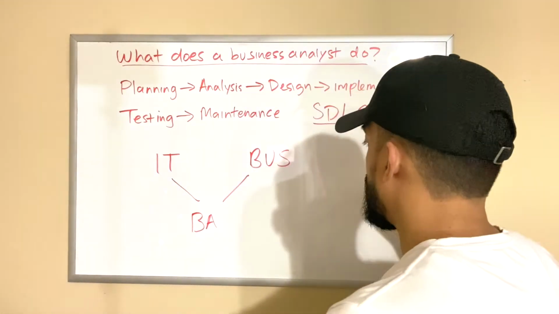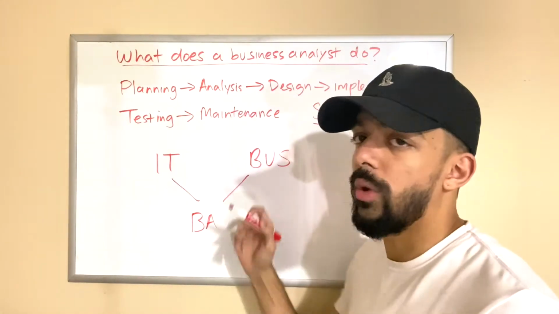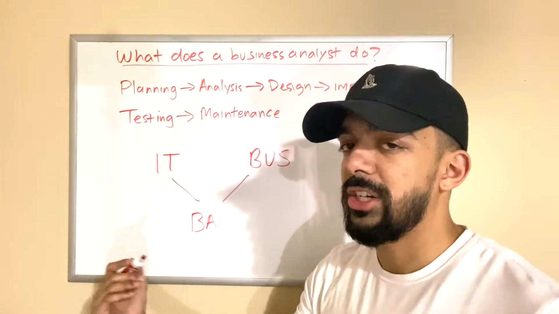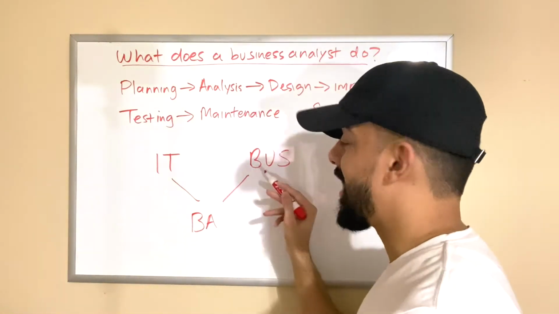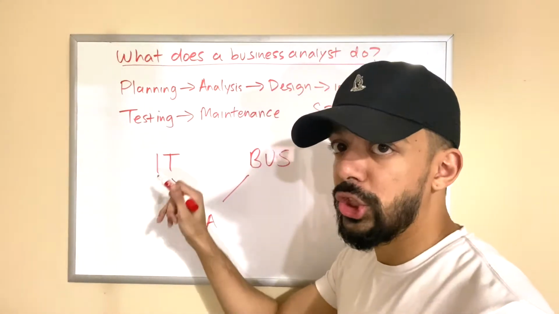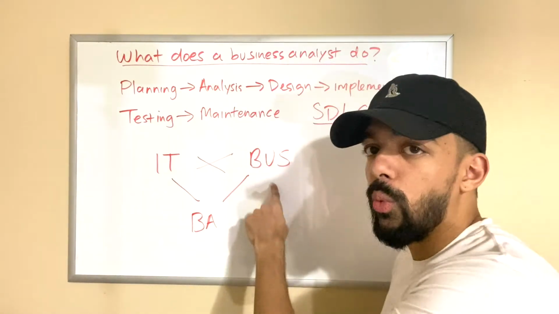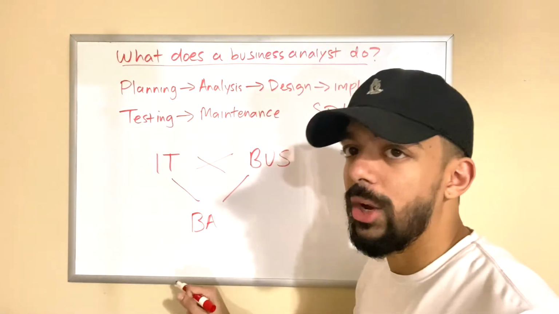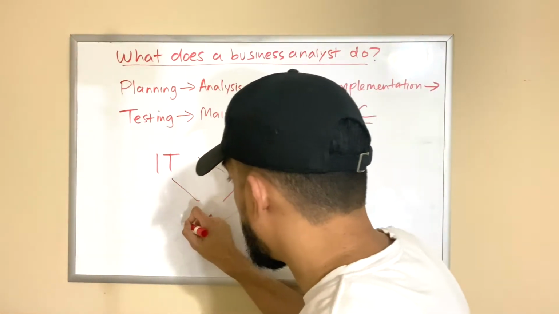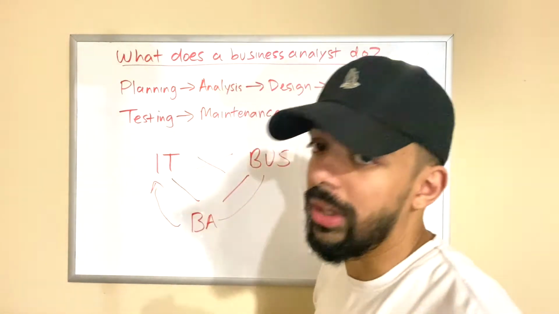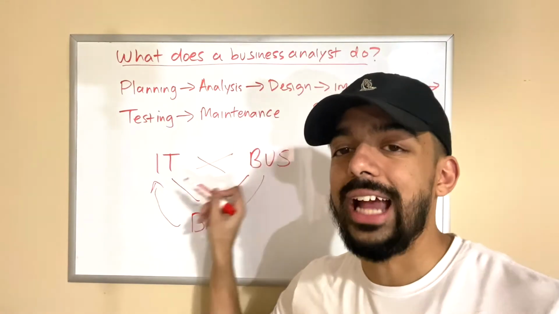So a project comes in to the company where the business stakeholders want to do something. Let's say they want to change the software, they want to change a screen. Because they don't know how to talk IT language, these two can't communicate, so they will tell the BA, and the BA will elicit those requirements from the business, and then translate them into IT speak so that the IT can understand it.